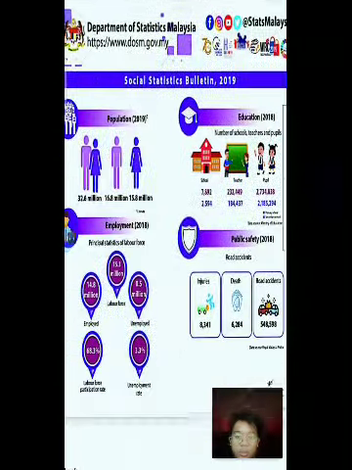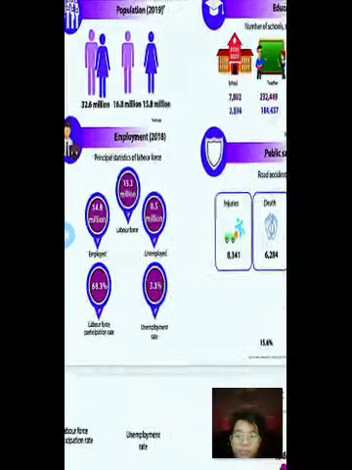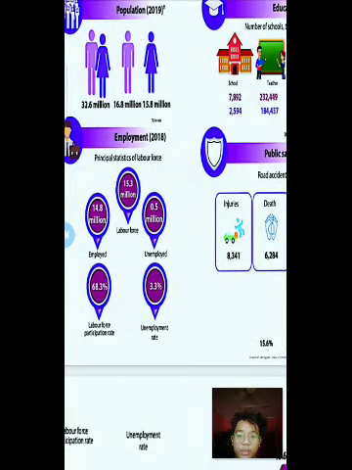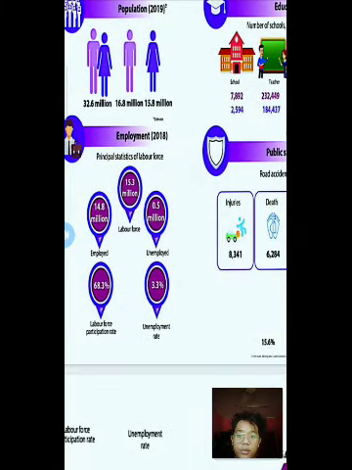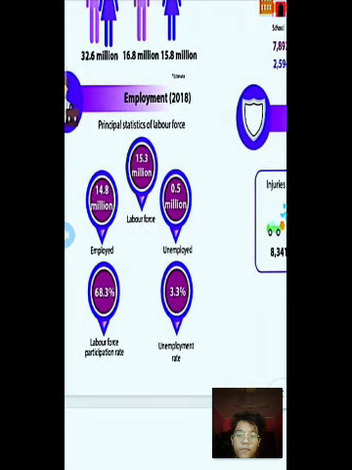That's it. This is the employment in 2018. You can see almost 50 million is employed. The labor force is above 50 million. And you can see only 500,000 is unemployed.